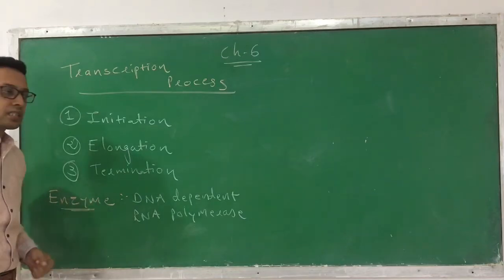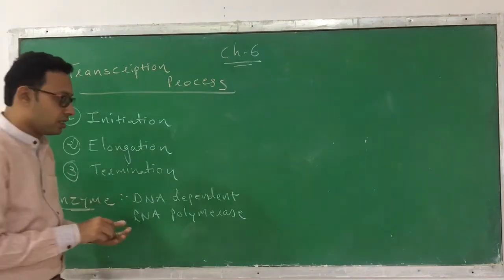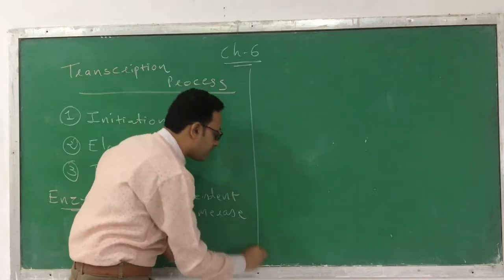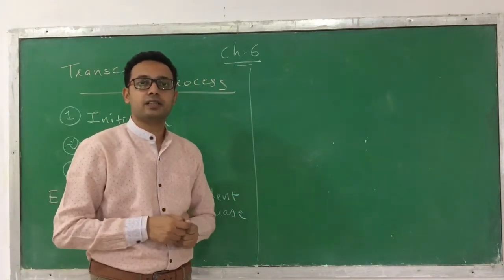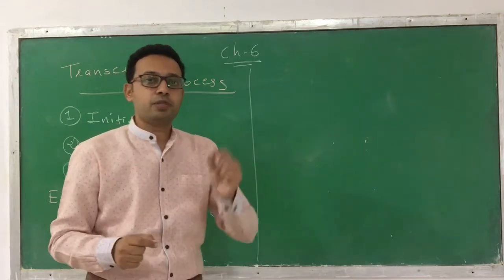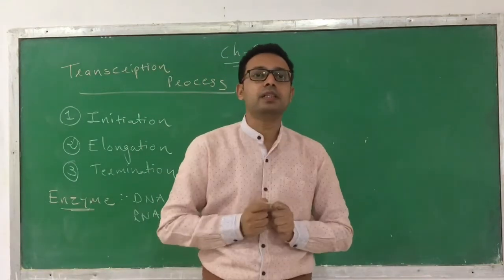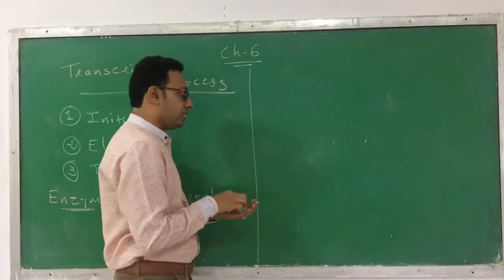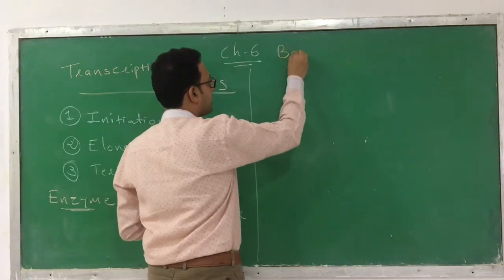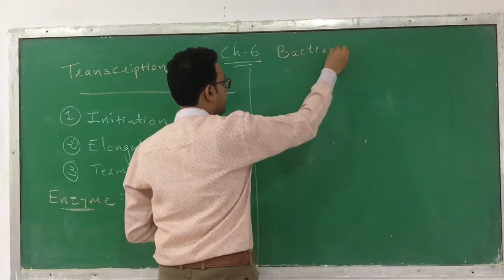Let's discuss how the process occurs. Transcription occurs differently in a prokaryotic cell and a eukaryotic cell. The process in the prokaryotic cell is somewhat simple, so we are going to start with the transcription process in the bacterial cell.